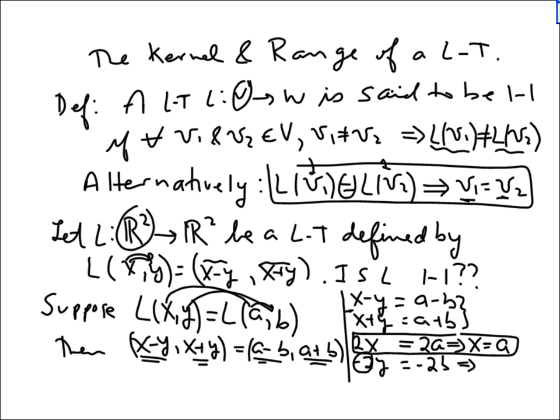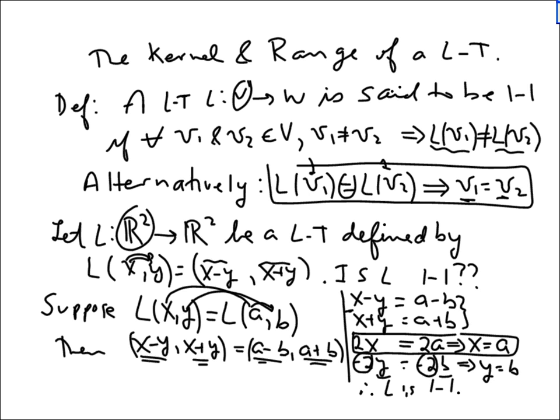If you multiply negative 2 by different values, you won't get equality. You only get equality when you multiply negative 2 by the same number. So y equals b. Therefore, L is 1 to 1.